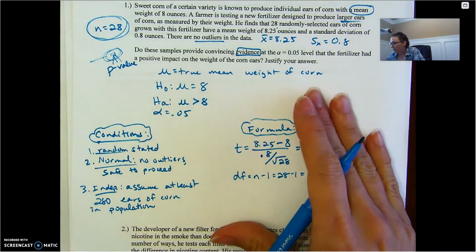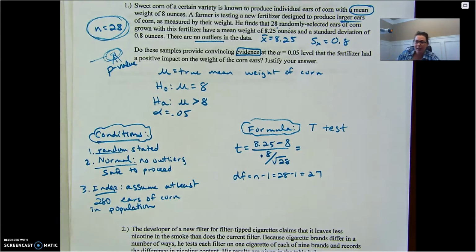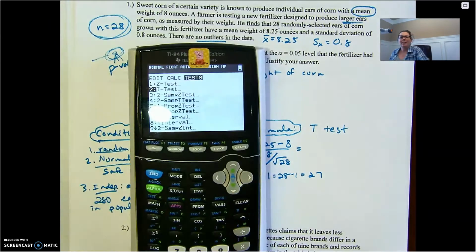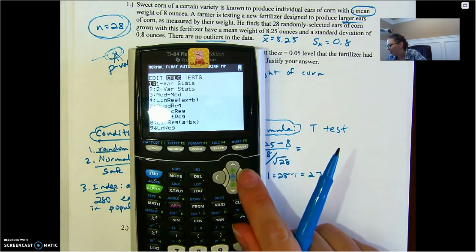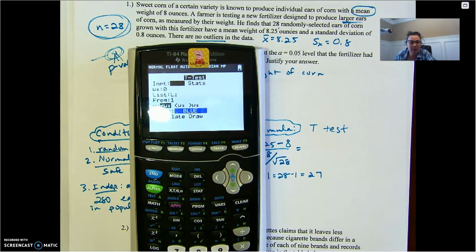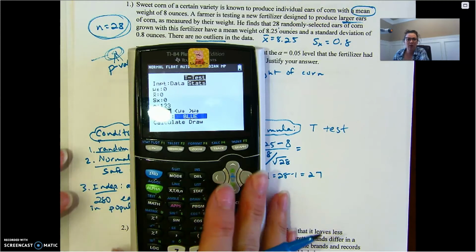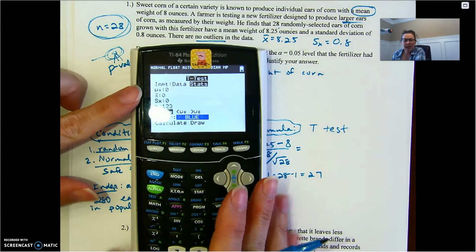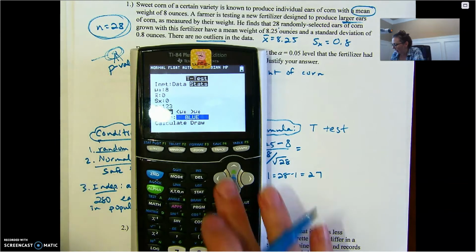All right, so at this point, I usually stop writing and I go to the TI calculator. Head on over to Stat, Tests, and you're going to scroll to number 2, T-Test. We have the stats. I don't have the raw data. All right, so on the stats, the claim is that corn weighs 8 ounces.